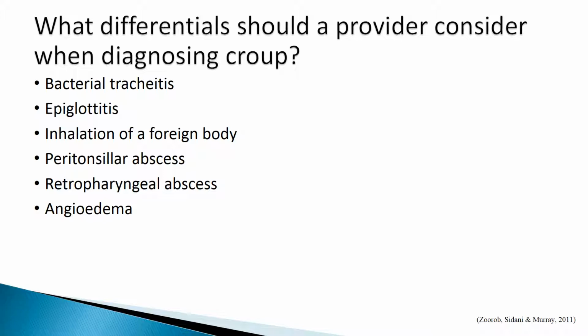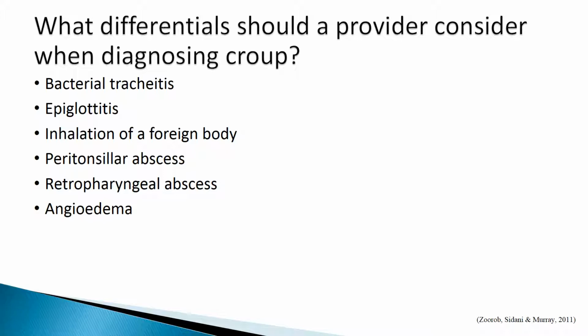That's a very rare illness. But usually bacterial tracheitis doesn't respond to basic treatments of croup, so that can help you rule out a differential for that. These kids are a lot more toxic looking than anybody with croup, so that's another way to rule that differential out. This one is big, the inhalation of a foreign body.